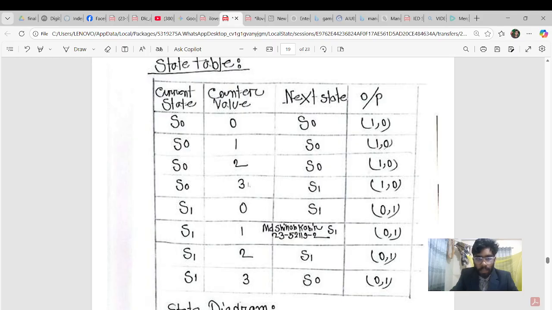For S0 and counter value 3, next state S1, output 1 0. Current state S1, counter value 0, next state S1, output 0 1. Then current state S1, counter value 1, next state S1, output 0 1.